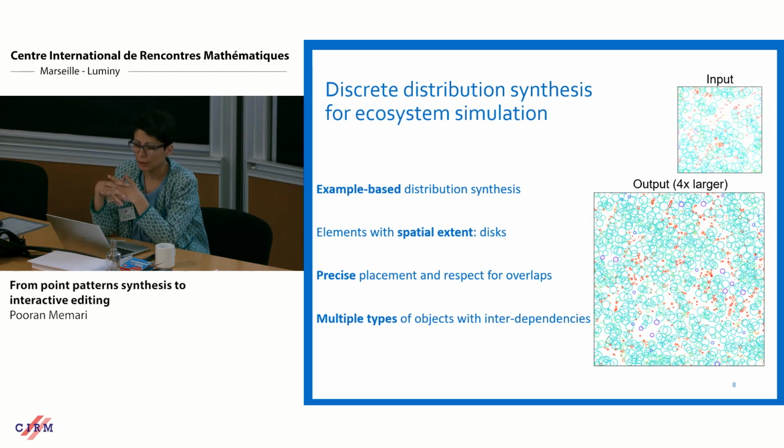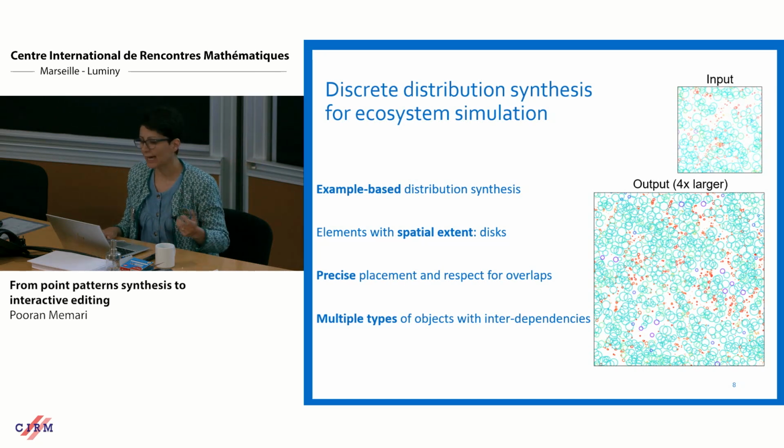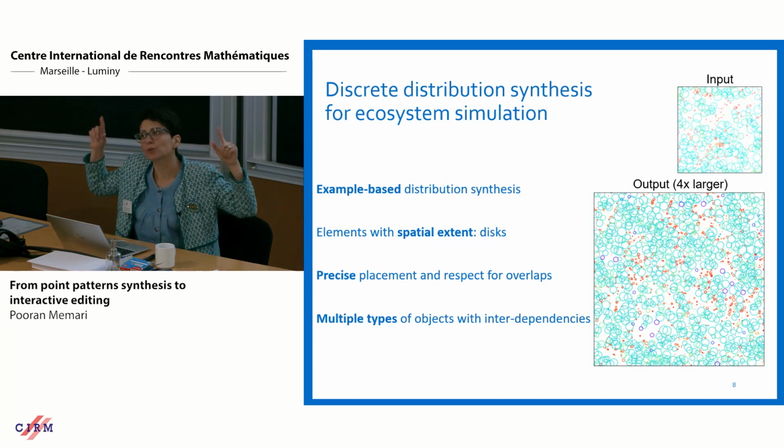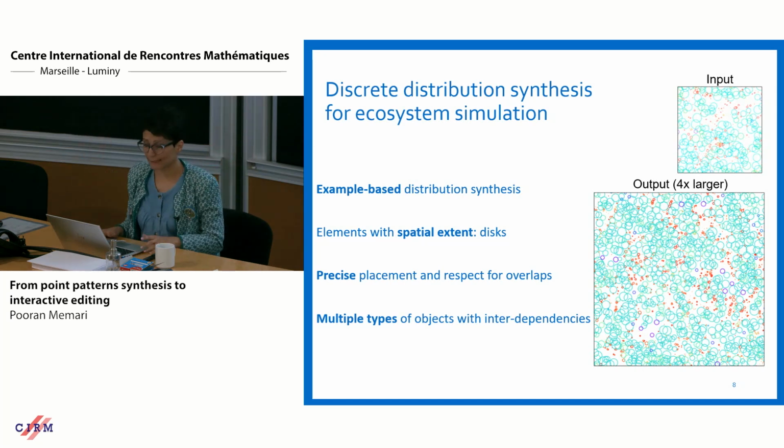We wanted efficient techniques, and we didn't want to go through heavy machine learning techniques. So we wanted to do what we call example-based distribution synthesis: given an exemplar, how to extract the features and synthesize a new pattern that would have at least the same appearance as what we had at the beginning.